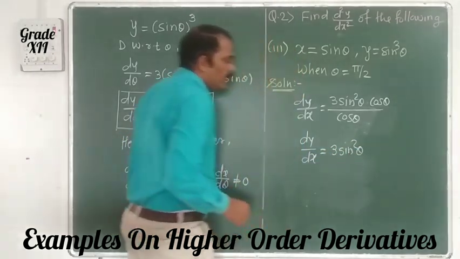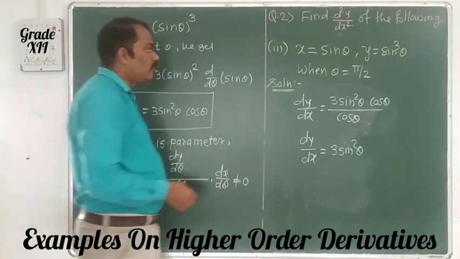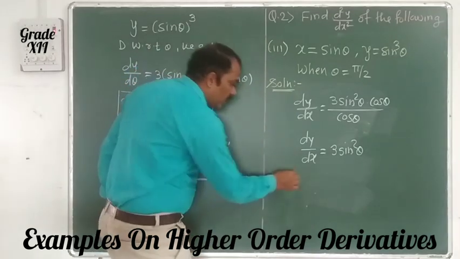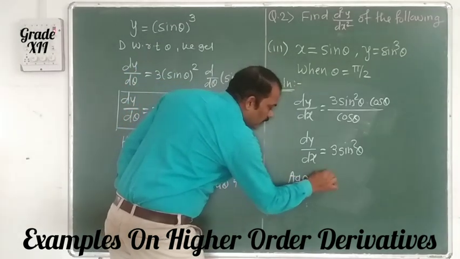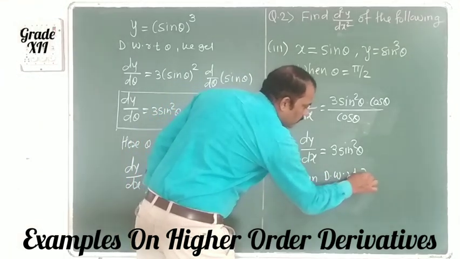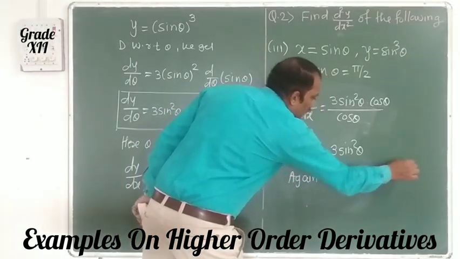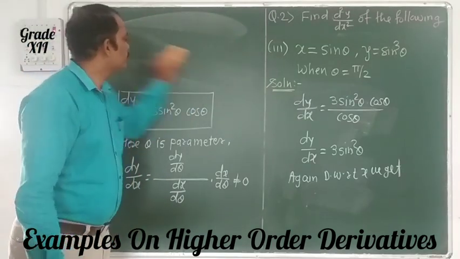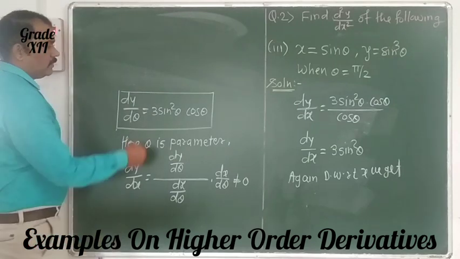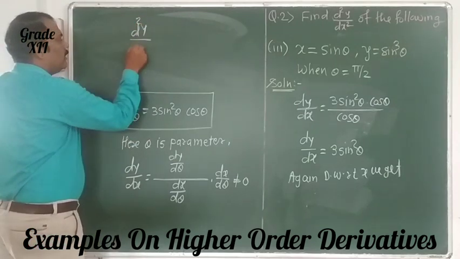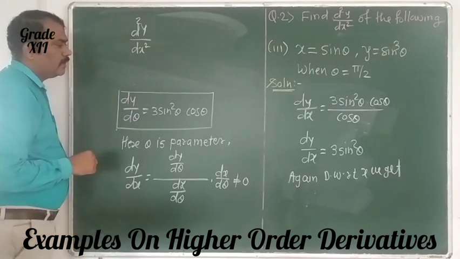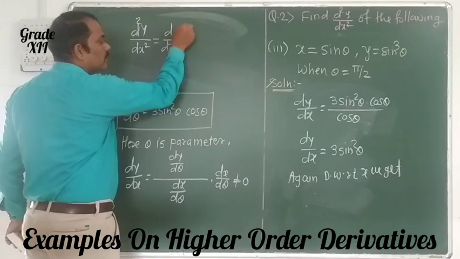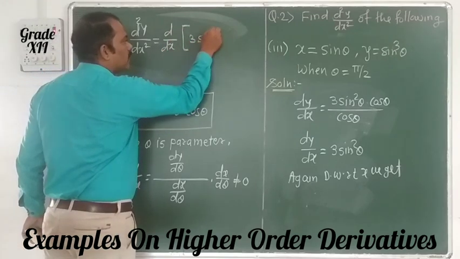Again we have to differentiate with respect to x. Why? Because we have to find d2y by dx square. So d2y by dx square is equal to d by dx of 3 times sine square theta.